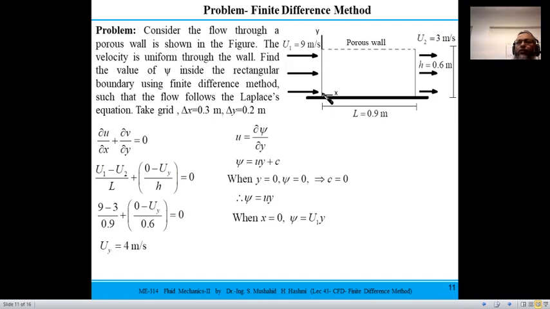Similarly, we can work out the stream function at x equal to L. When x equals L, you are here, and the stream function would be u2 times y, which is a function of y. The velocity u2 is 3 meters per second, so it would be 3 times y. When y is 0.2, the stream function would be 3 multiplied by 0.2.